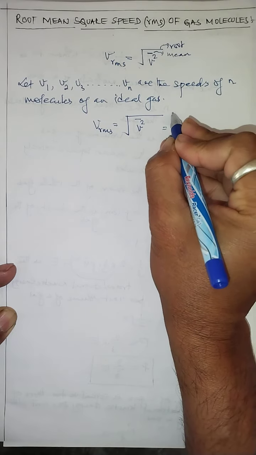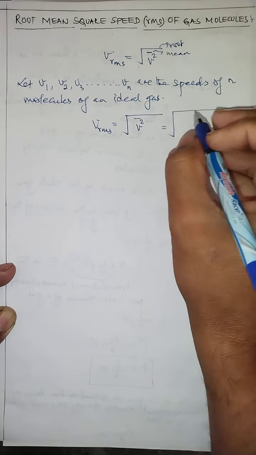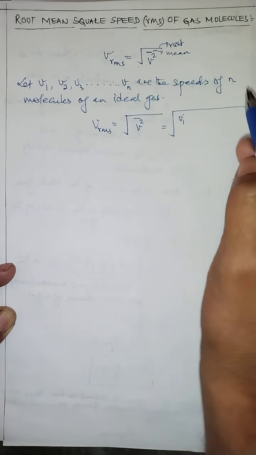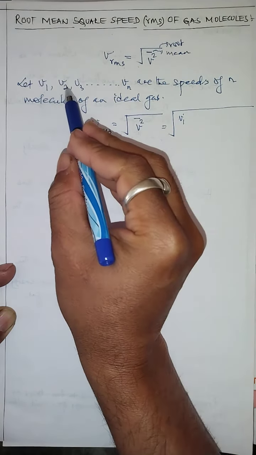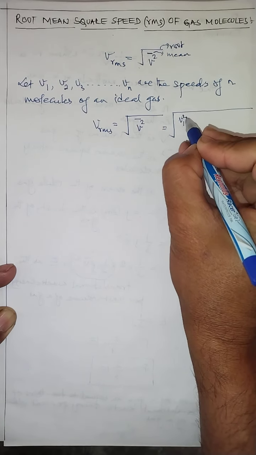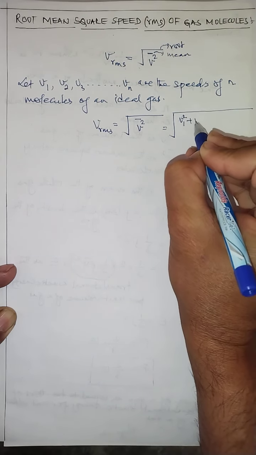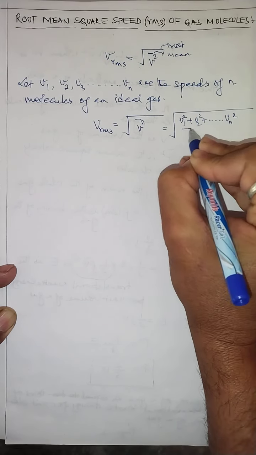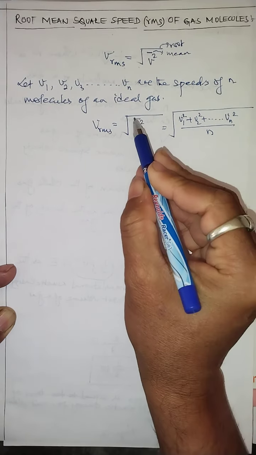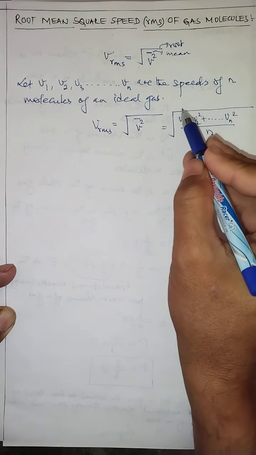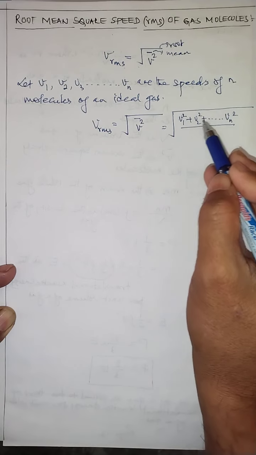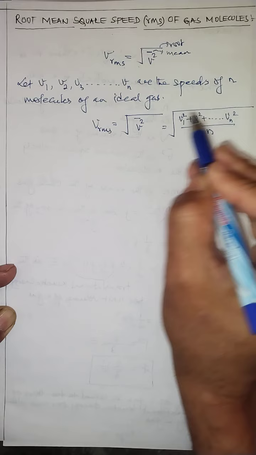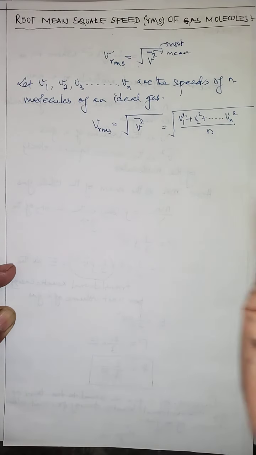It can also be written this way: the square root of the mean square velocity is the square root of v1 square plus v2 square up to vn square, whole divided by n, where n is the number of molecules of the gas. That means the sum of the squares of the velocities divided by the number of molecules. This is also called mean square velocity or mean square speed.